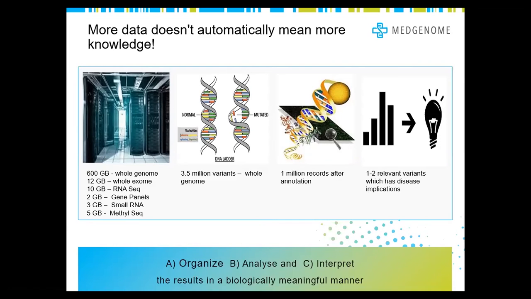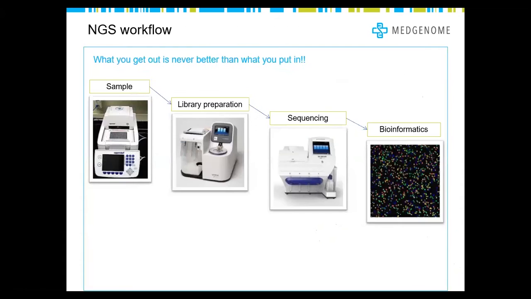And from those million variants, to find one or two relevant variants which have a disease implication related to your patient, it becomes important that we have a biologically meaningful manner of interpreting and organizing this data, which is shot back to us from the machines.